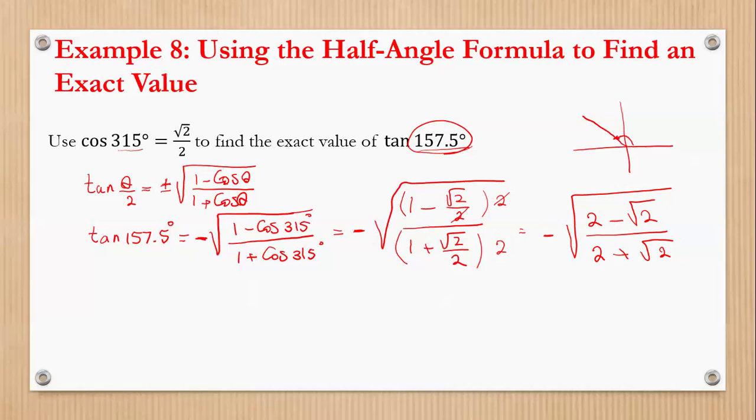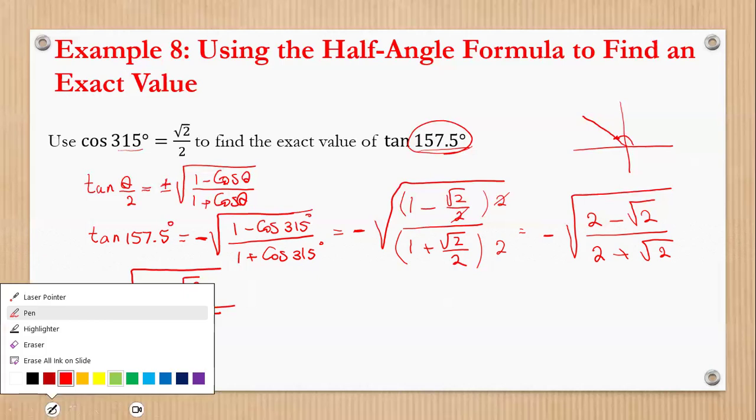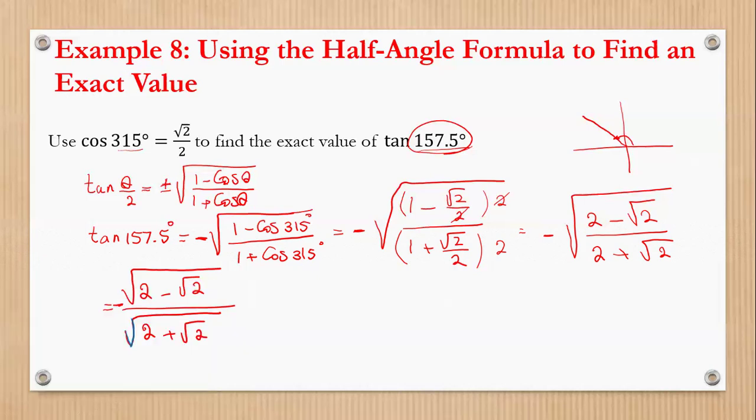If I want to keep it as 2 separate radicals, I will have root of 2 minus root 2 over 2 plus root 2, with a negative outside. You know that we never leave any fraction with a radical on the denominator. So we need to rationalize that. To rationalize this one, first of all, I see one radical on the whole denominator.